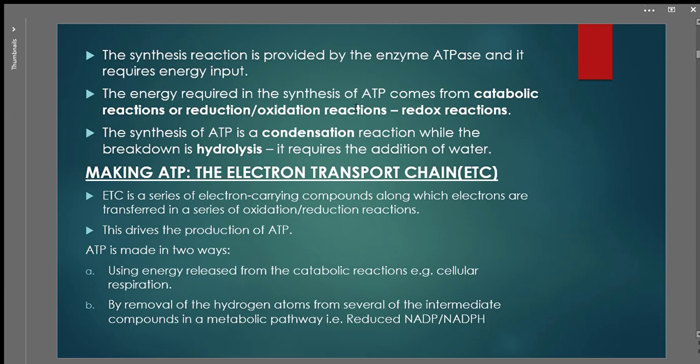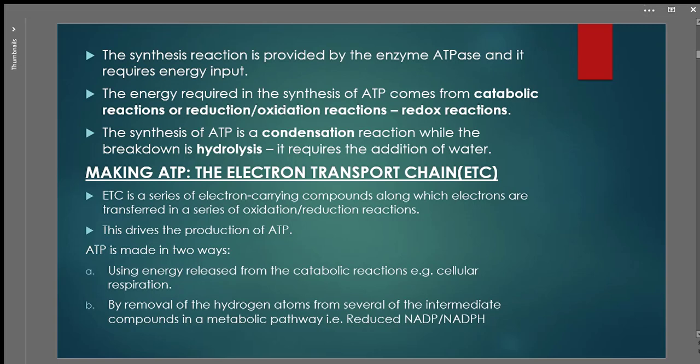Now, the reduction and oxidation reactions deal with the movement of hydrogen ions or hydrogen atoms and electrons. Reduction is whereby substances gain, like in this case carbon dioxide, it gains hydrogen or electrons, and oxidation involves the release of those electrons and hydrogen.